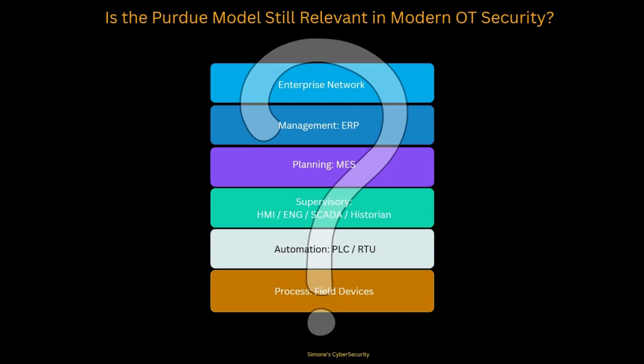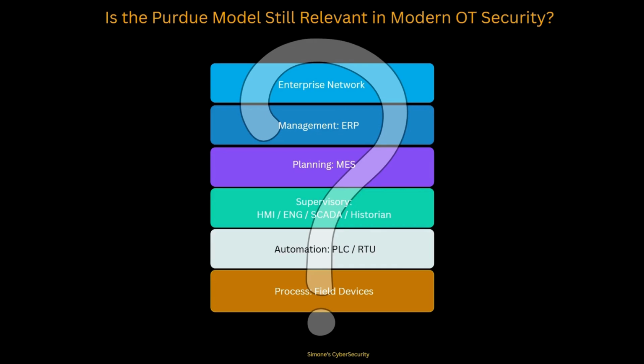So in short, the Purdue model may not perfectly describe the modern hyper-connected industrial landscape of a smart factory, but it remains highly relevant as a conceptual foundation for network segmentation, risk management, and security zoning.